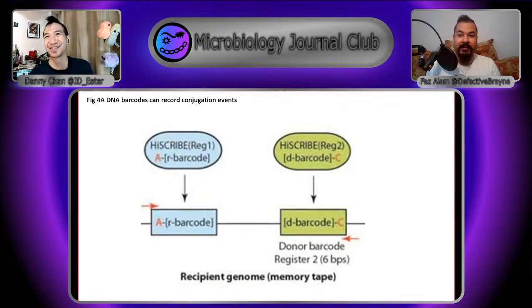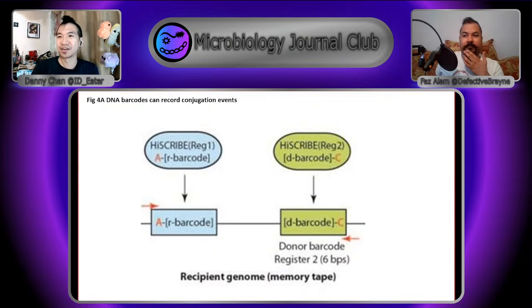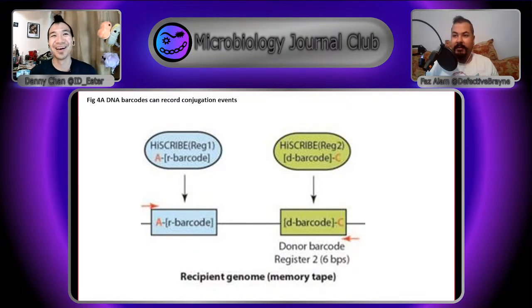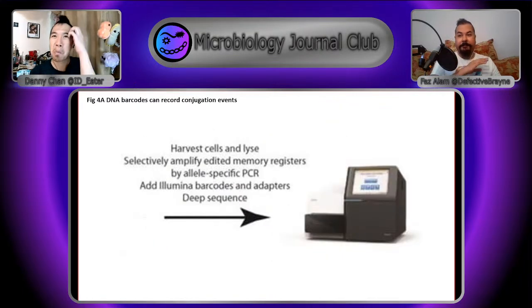So it's just off or on depending on whether something got written, and then the rest of it is that unique identifier, the barcode that tells you what Retron construct wrote into the genome. And they halve cells and put them through a massive deep sequencer in order to determine all these events.